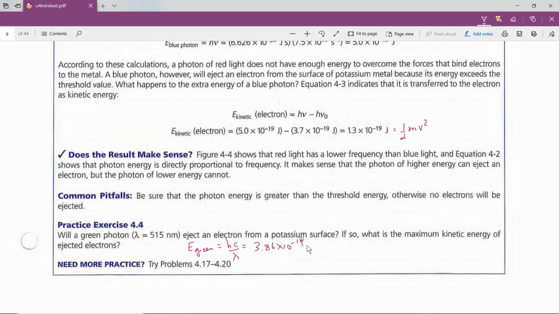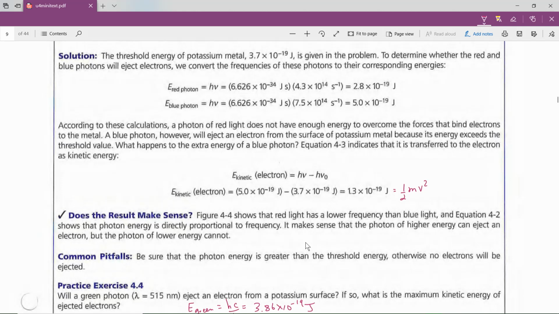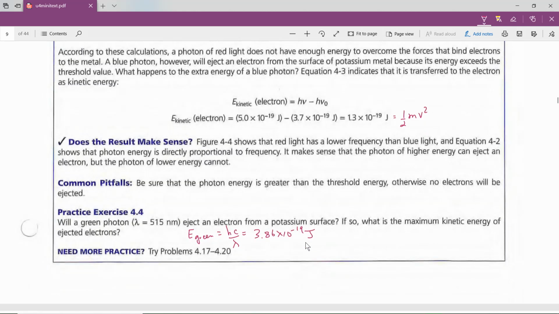Now, what was my minimum threshold again? Minimum threshold was 3.7 by 10 to the minus 19. So this is 3.9 to 1 decimal. So yes, it will. And the difference would be 3.86 by 10 to the minus 19 minus 3.7 by 10 to the negative 19, which is 1.6 by 10 to the minus 20.